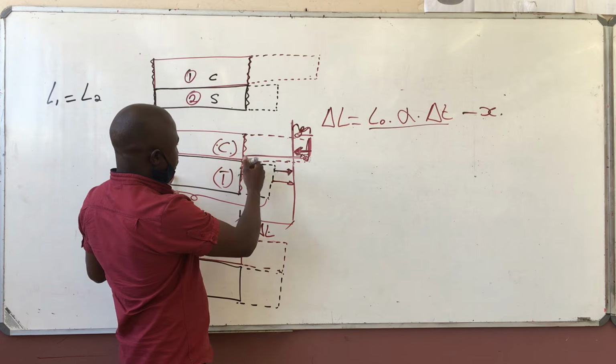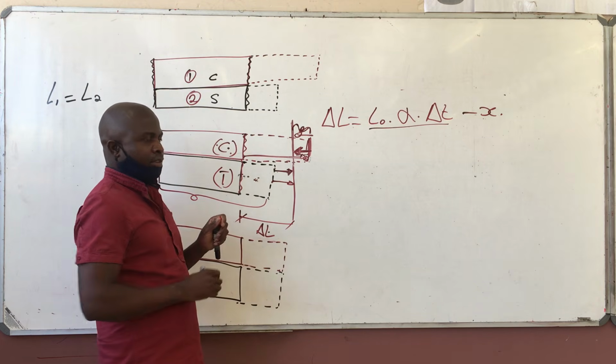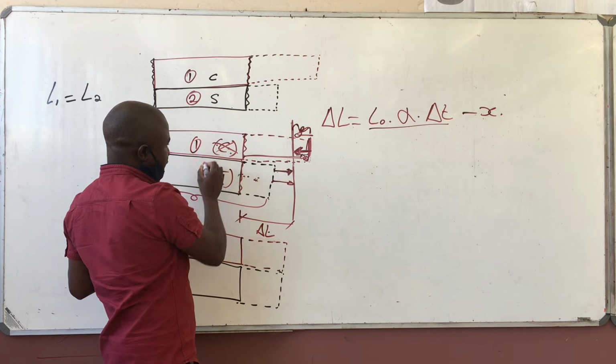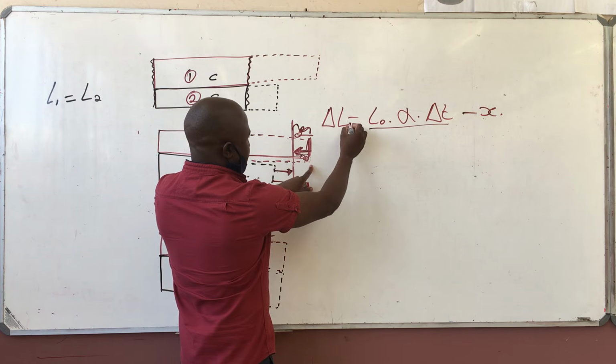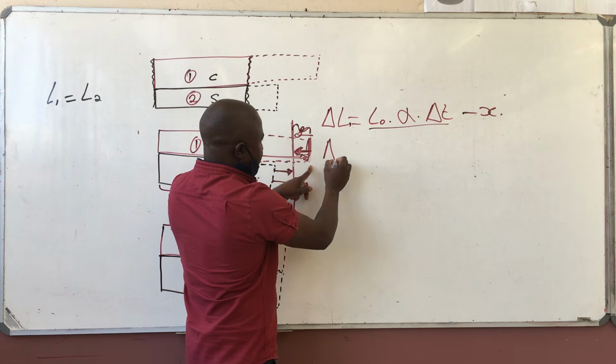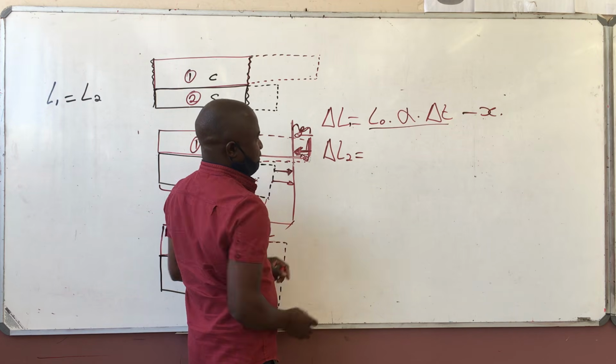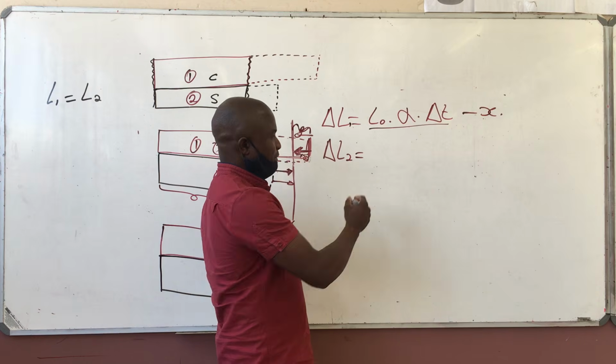This one is for number one. This is in nature. So this is for number one. For change in length for number two, what will be the formula?